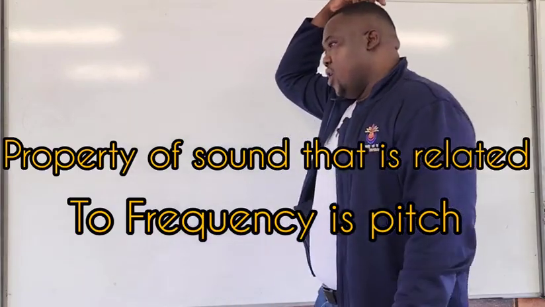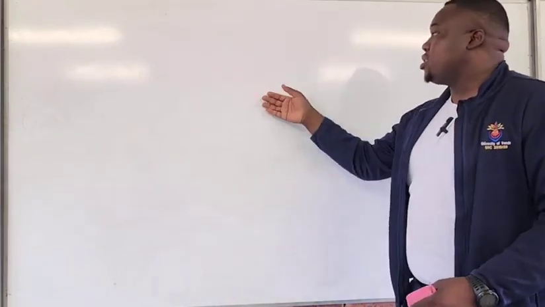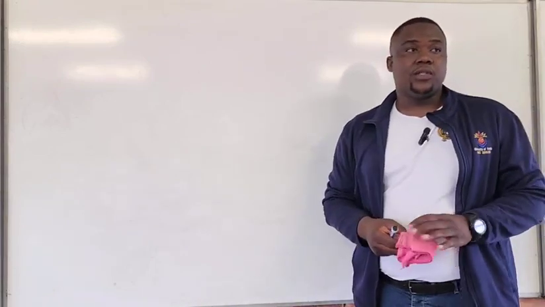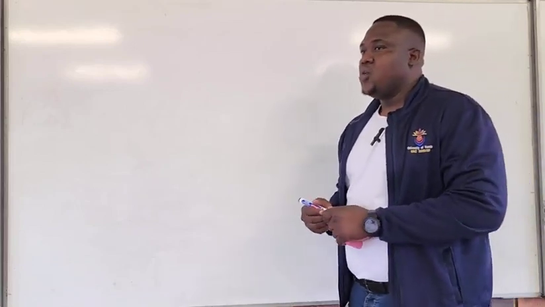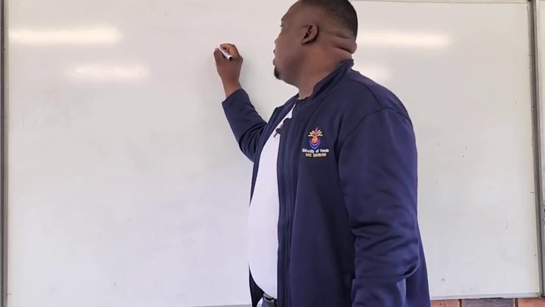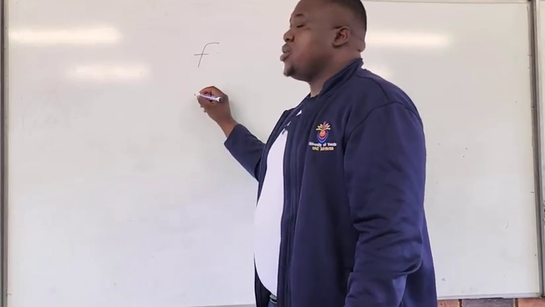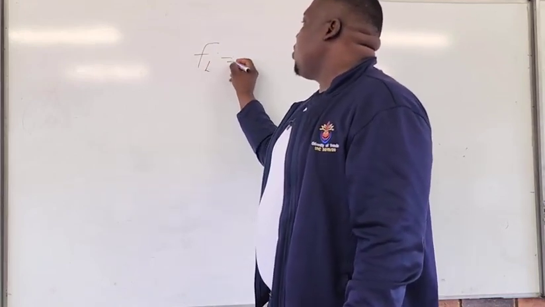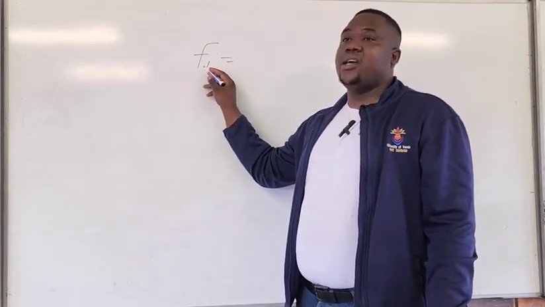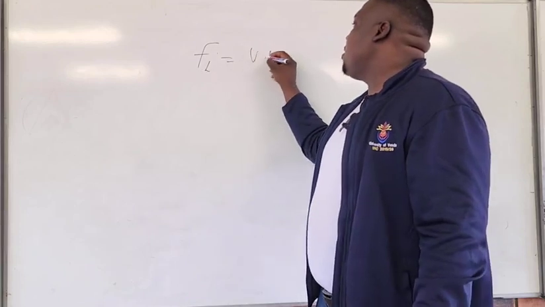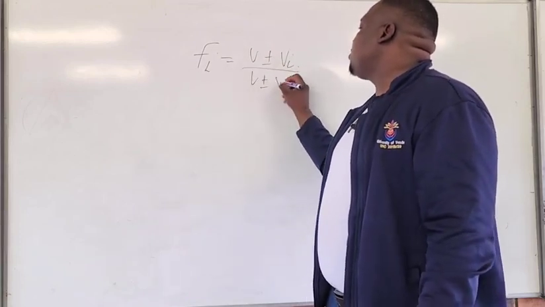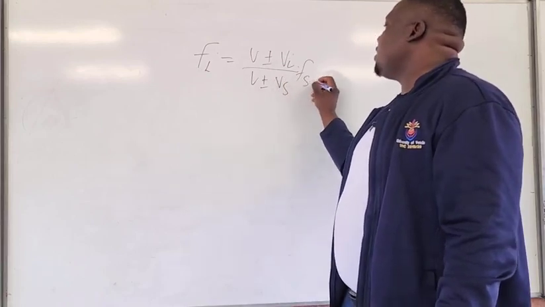Okay, so now let us talk about our formulae for Doppler's effect and how it works. From lesson number 1, we have already introduced it. Now we just want to explain how it works. This FL represents the frequency that the listener is going to hear. Then V plus or minus VL over V plus or minus Vs multiplied by Fs.